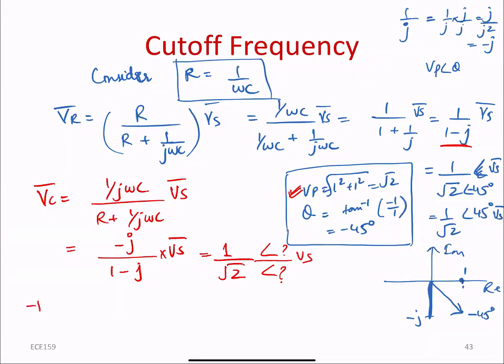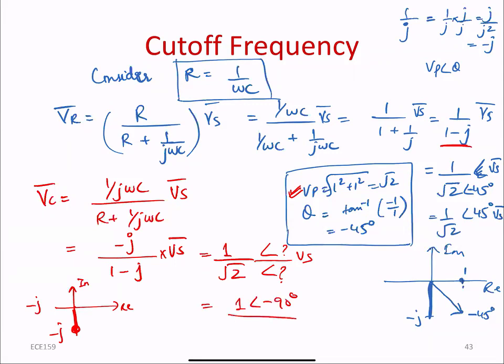Where is minus j on this scale? This is the real axis, this is the imaginary axis. So minus j is here, and the angle of minus j is minus 90 degrees.